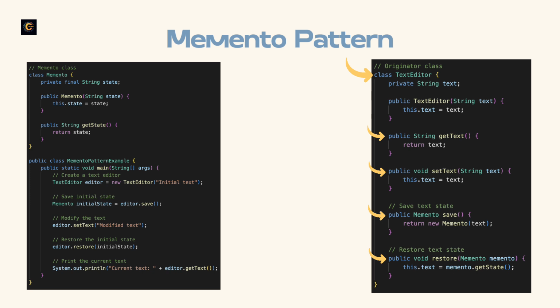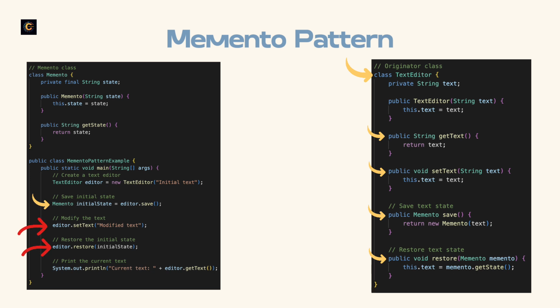From the client class, which is Memento pattern example, we can save the initial state. And now we have modified the text. But we still want to roll back to the previous state. And that's where the Memento pattern comes into picture to restore the initial state.